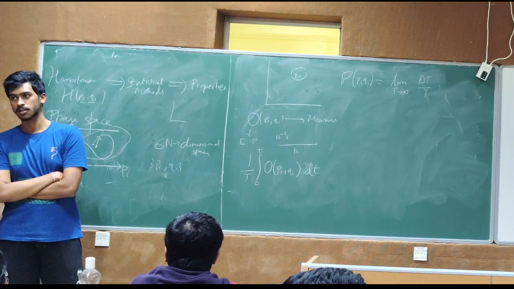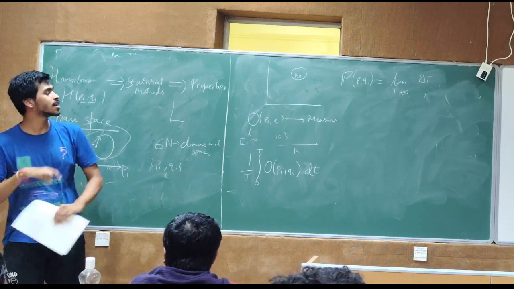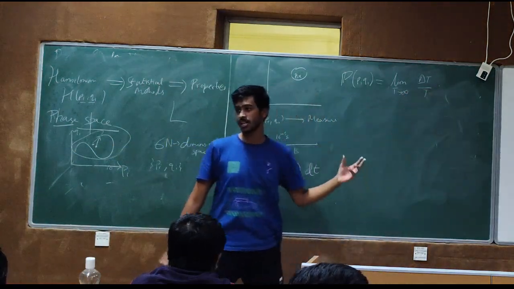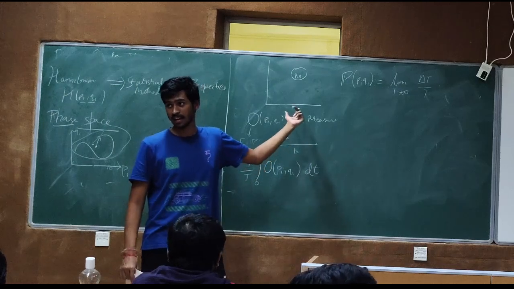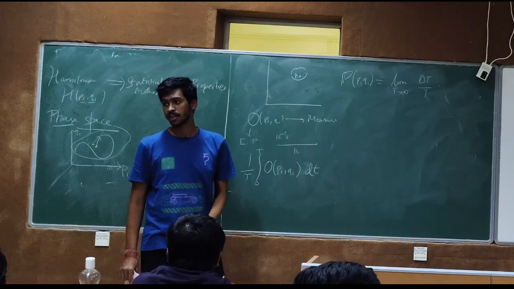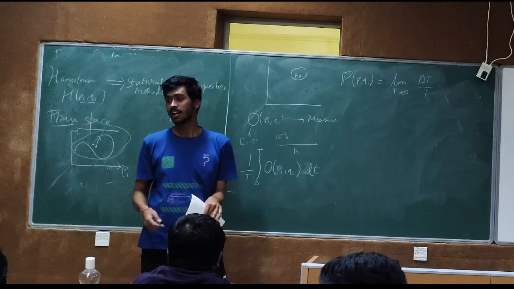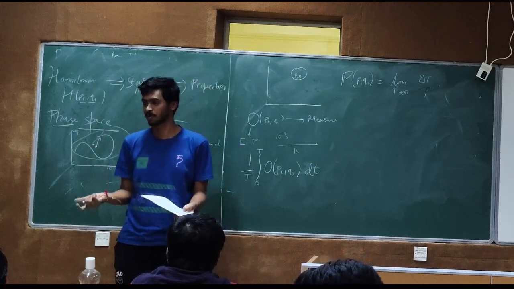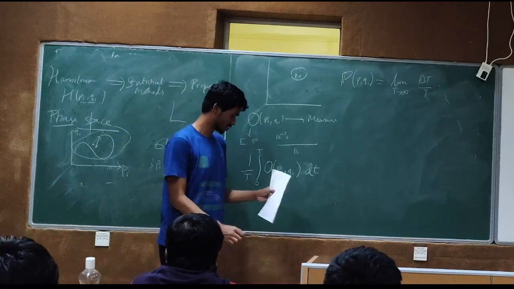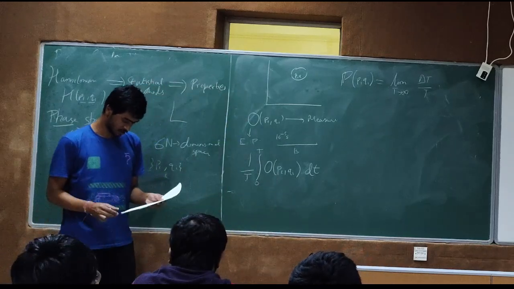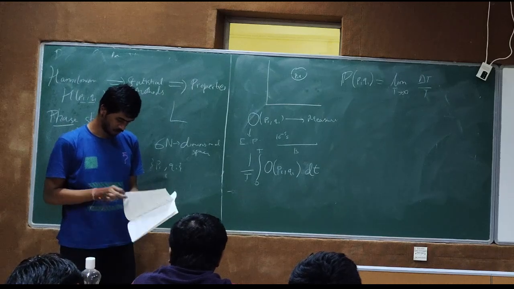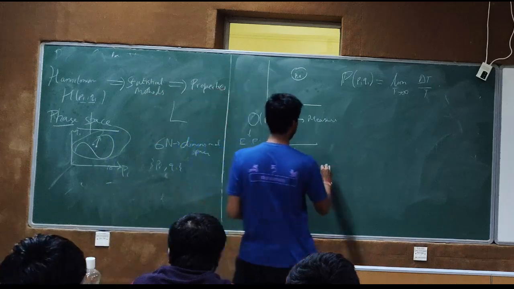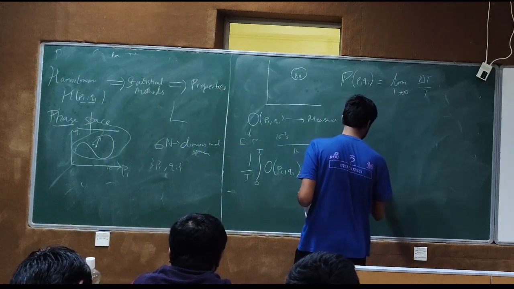Are you adding the probability also? Yeah, this delta t is the total time the particle spends in that region. No, it can be that for some time it spends there and then again comes back. So this is what I call the time average.